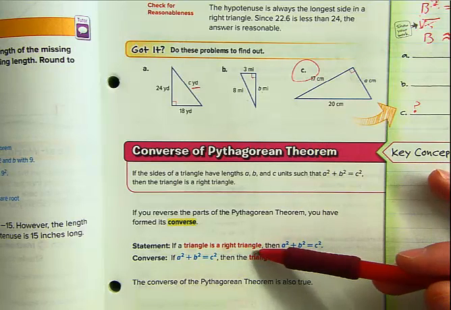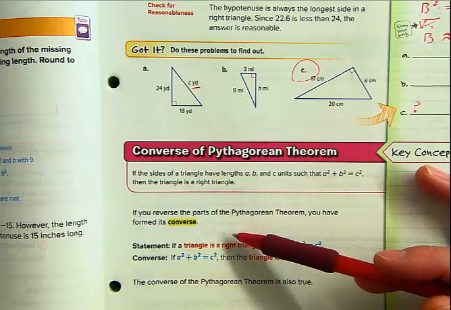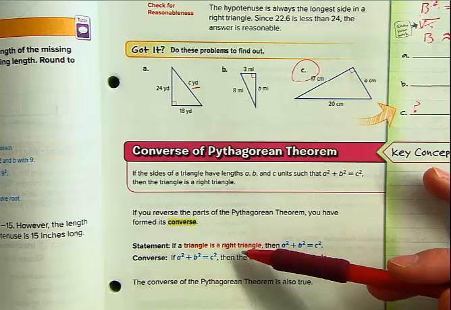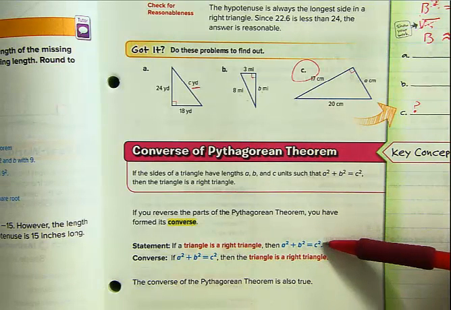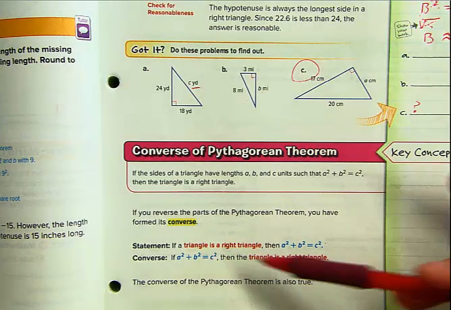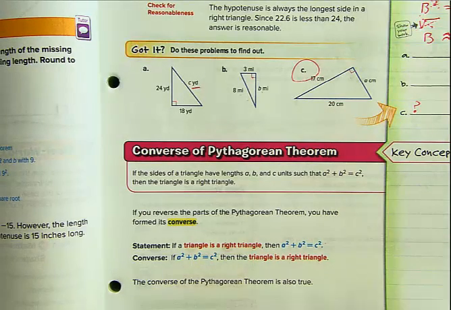So basically all it's saying is, if a triangle is a right triangle, this will be true. The converse is then, if this is true, it must be a right triangle. It's just kind of like two sides to the same coin.